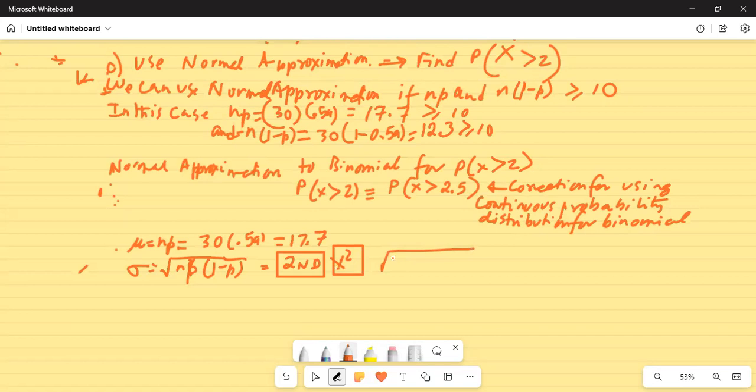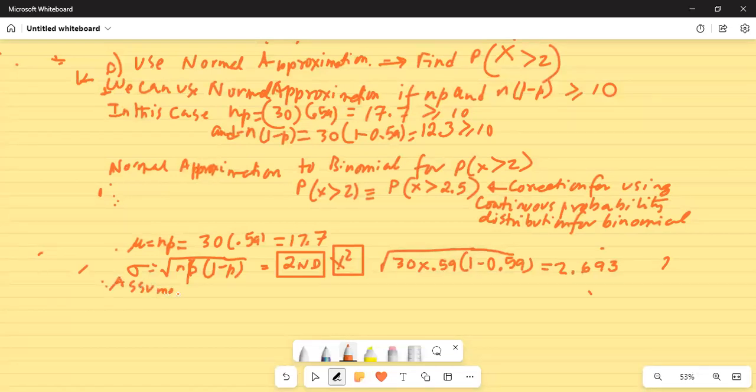Inside the square root, I will do 30 multiplied by 0.59, then left parenthesis 1 minus 0.59, right parenthesis, and hit enter. And that's 2.693.